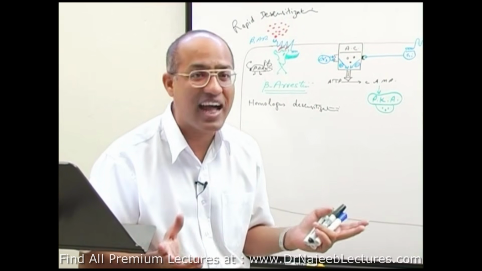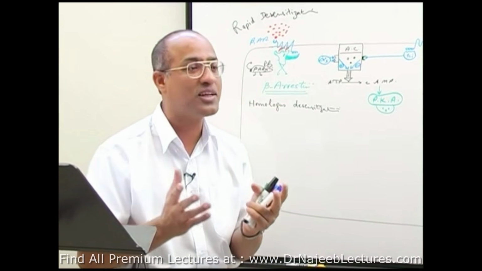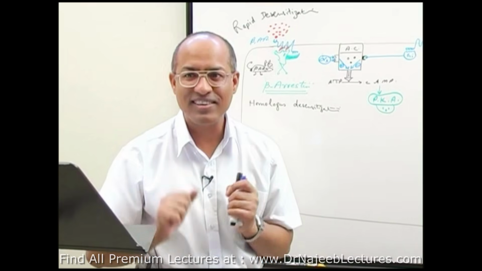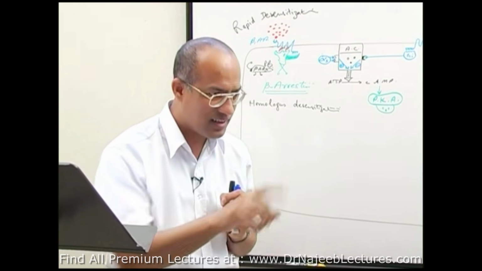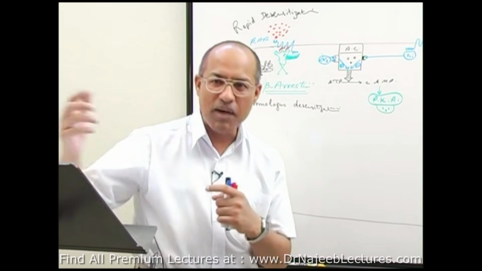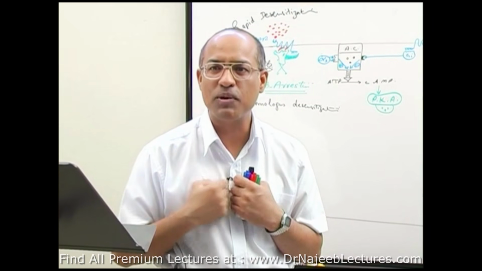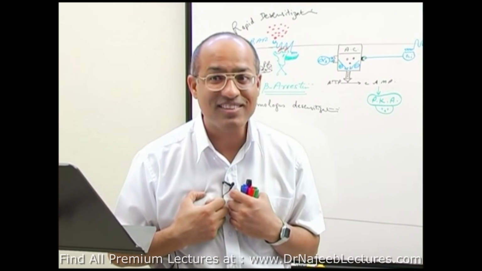They may not listen to the genuine demands of their wives. That is called heterologous desensitization. Are you understanding me? So, again, if my wife is shouting at me a lot, and I get desensitized by phosphorylation and arrestin, what is this? Homologous desensitization.